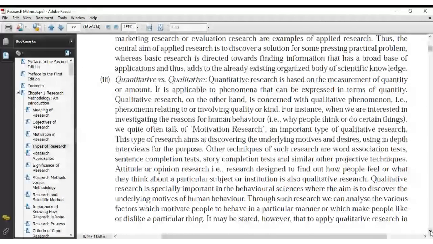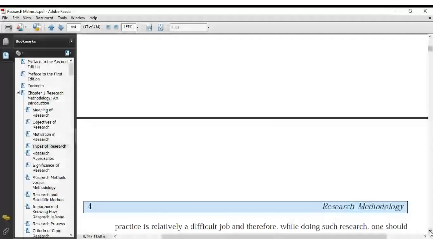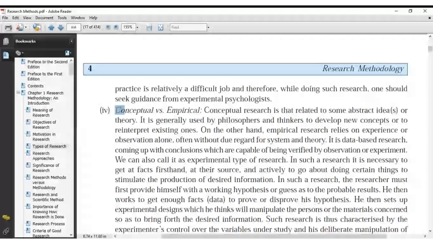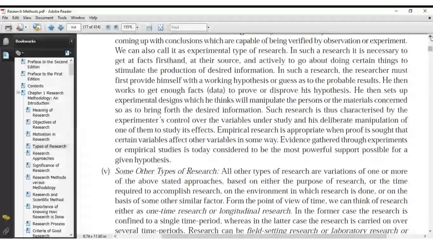Again, I had mentioned quantitative, you can remember. Yeah. So we also have conceptual versus empirical research. We have other types of researches. So that's where we are. Now let's go back and begin explaining each of them.